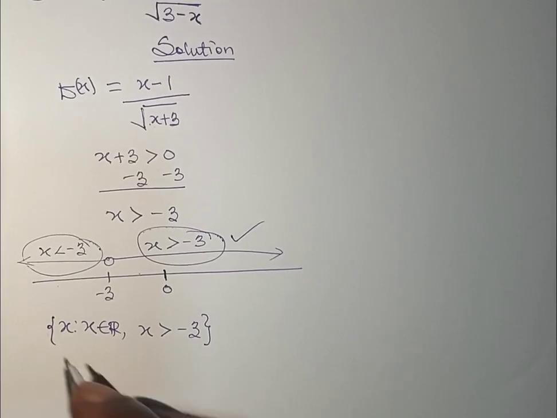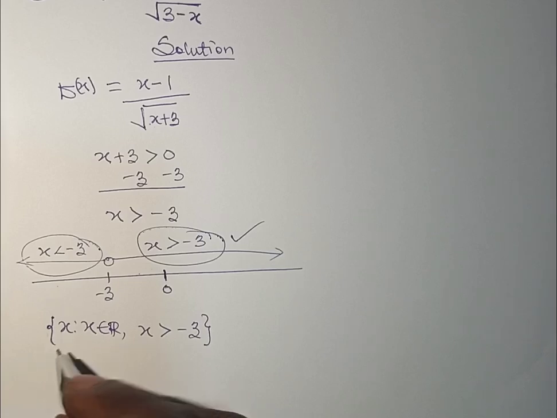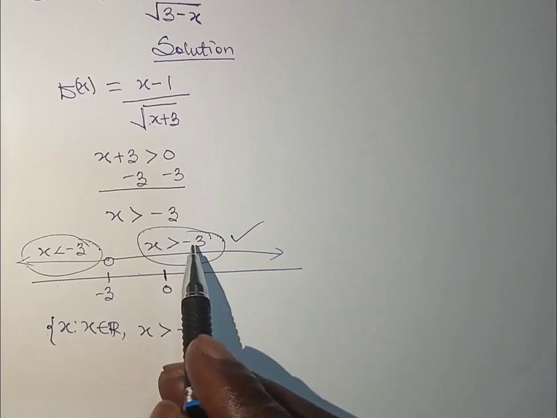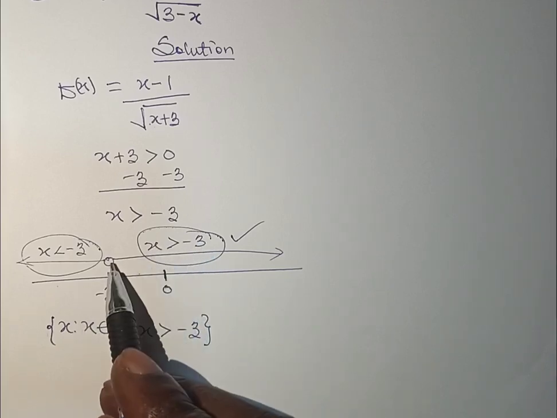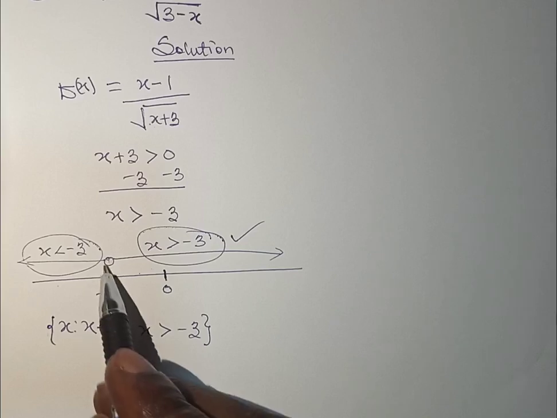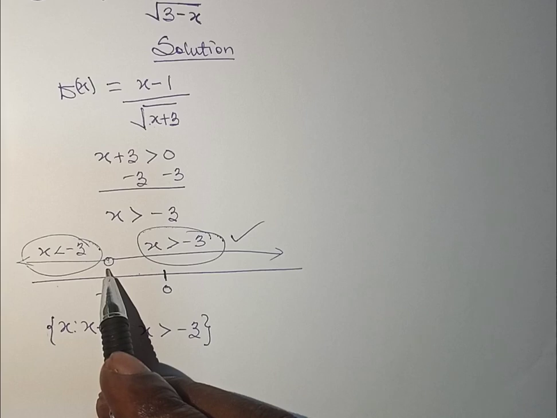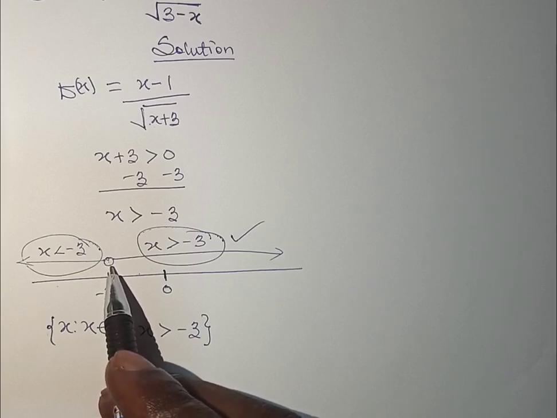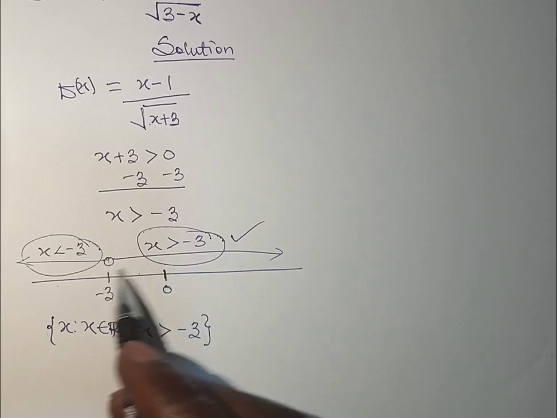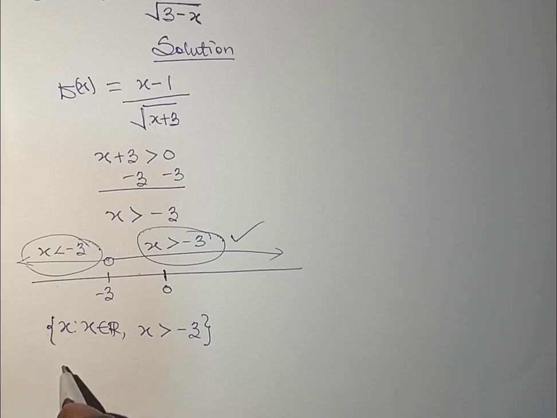Now let me write the interval notation as I always do. For interval notation, we know that this -3 here is not included, so we cannot close it.